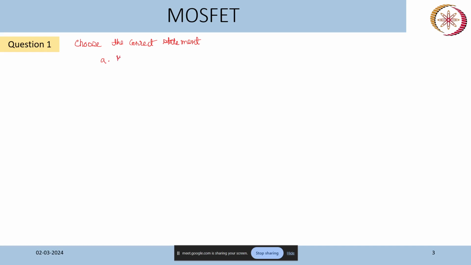A, MOSFET is a current control device. That means whether the input current controls the output of a MOSFET.